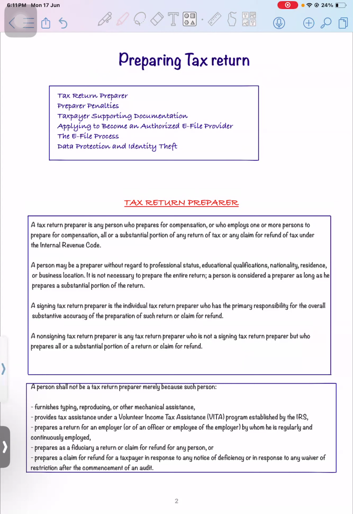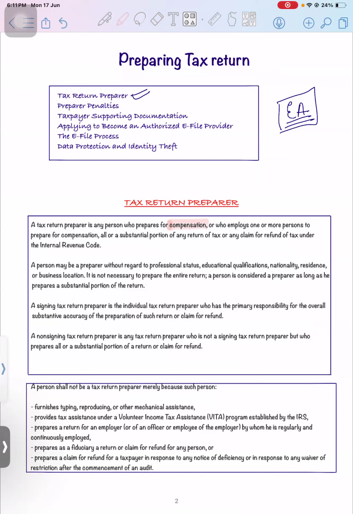Okay, so before starting with this Part 3, the first thing you need to understand is who can be a tax preparer. You are going to have an EA designation, right? So who can prepare the tax return? Whenever a person is going to prepare the return for some compensation, the main word is compensation.